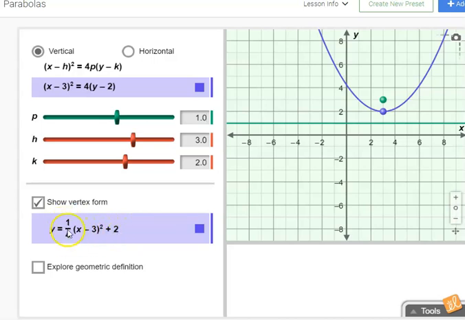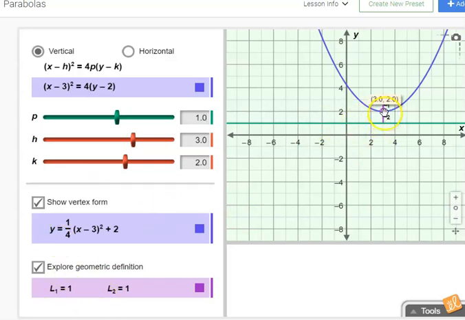Our question is, where does this 1/4 come from? Well, we've got a few new features here. We've got the parabola's focus, which is here at 3, 3, and its directrix, which is here at the line y equals 1. I can click on this little box to show that the distance between the focus and the vertex is 1, and then from the vertex down to the directrix is also 1.